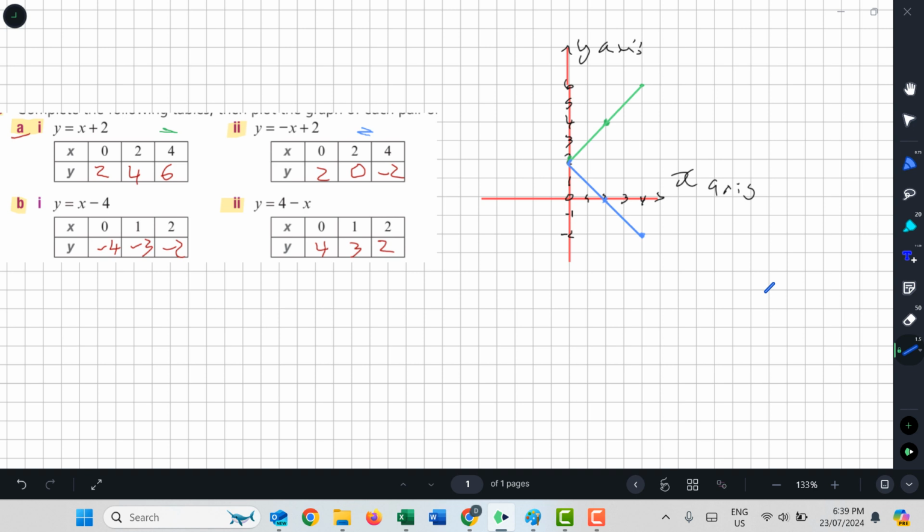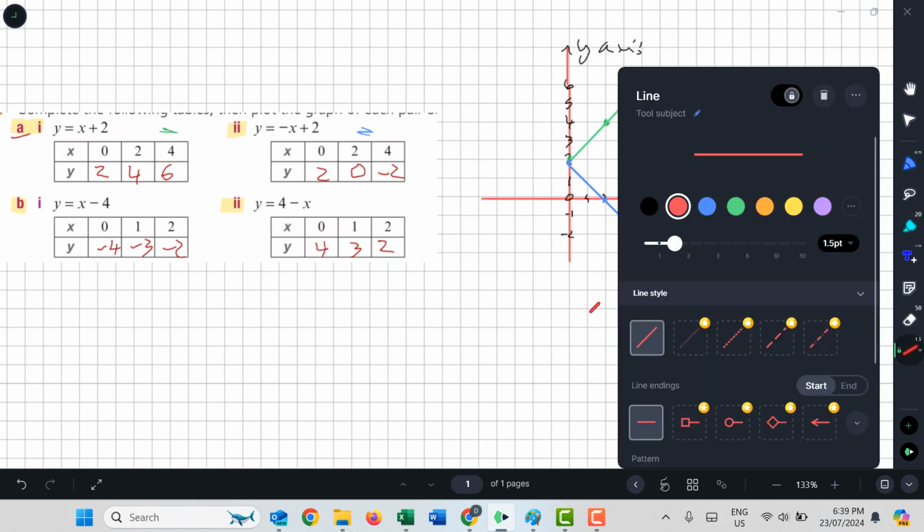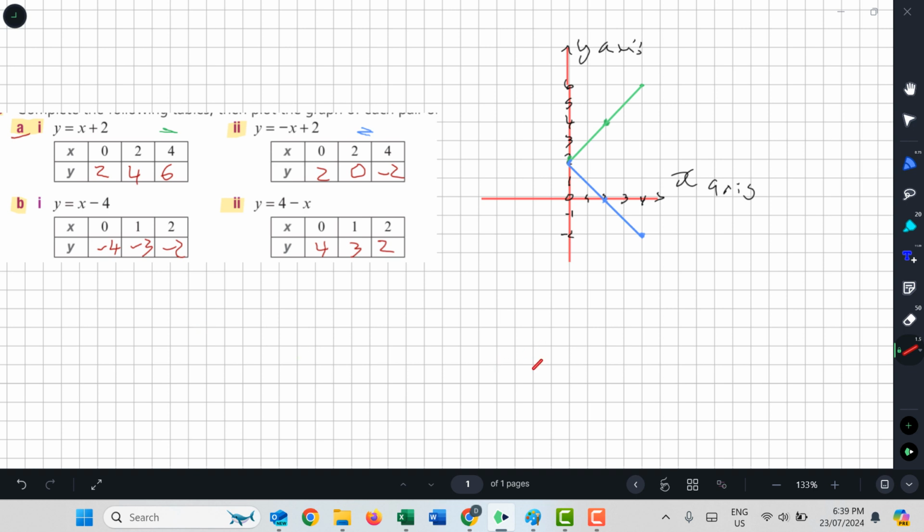Now I've got to do the same for BI and BII. Again, I'm just going to draw this one with red. So let's go red. And this time round, I'm just going to draw it underneath, I think. I've just got to look at the numbers. So 0, 1, 2 is for x-axis. So let's say my origin is here.